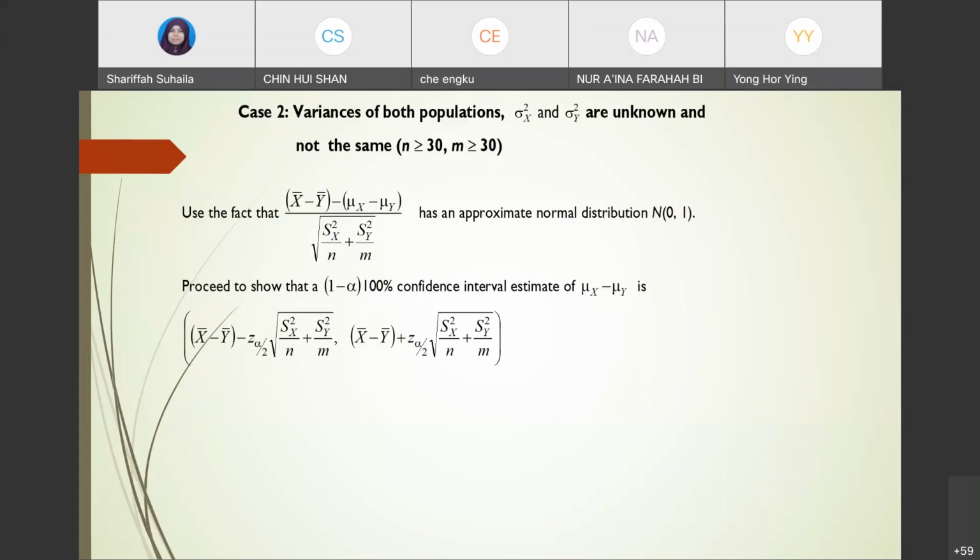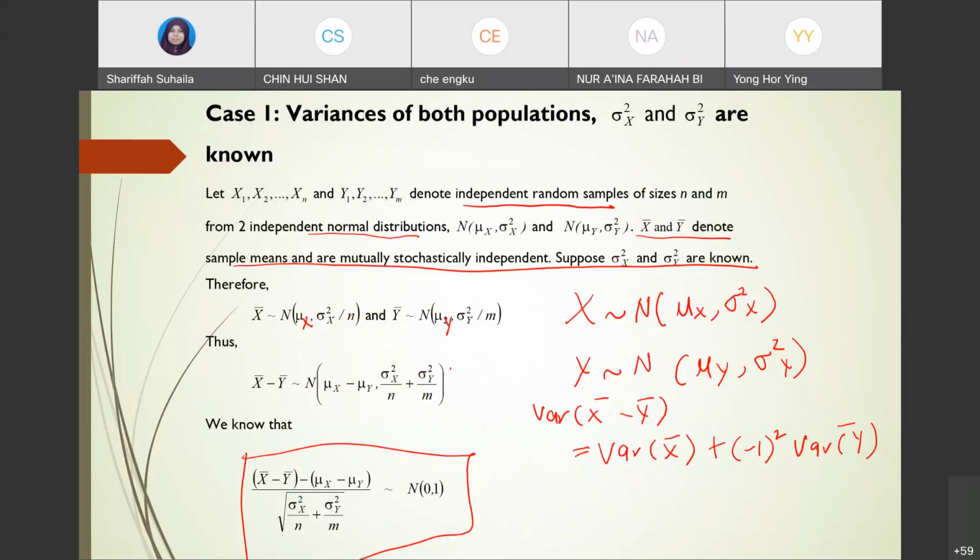So the same thing, we start with x1, x2, ..., xn and y1, y2, ..., ym, independent random samples from two independent normal distributions, with their respective means and variances. Here x bar and y bar are denoted as sample means. And then suppose sigma square x and sigma square y are unknown.